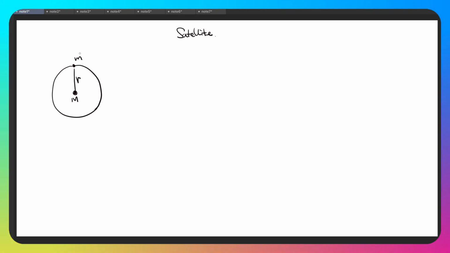Okay, so now let's first figure out, from Newton's second law, the dynamics of the satellite. Okay, so here's the free body diagram.